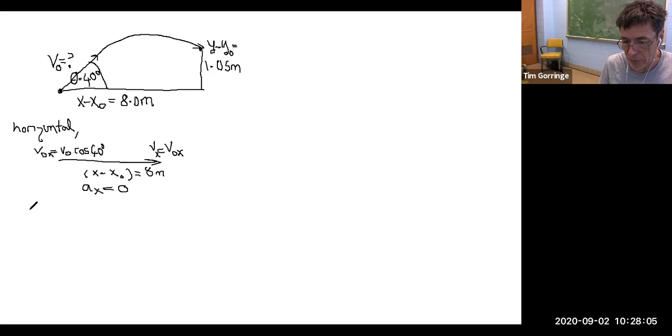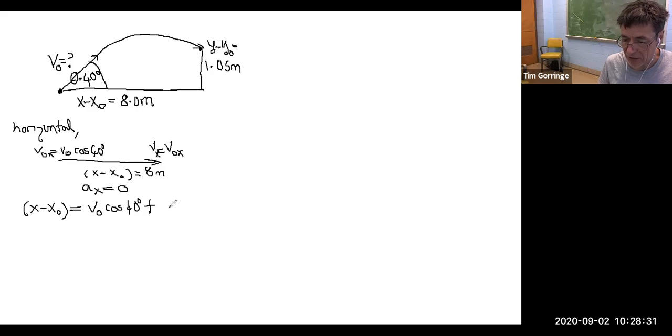So using this picture, I can write down an equation for the displacement, that's x minus x naught, in terms of the initial horizontal velocity and the elapsed time.